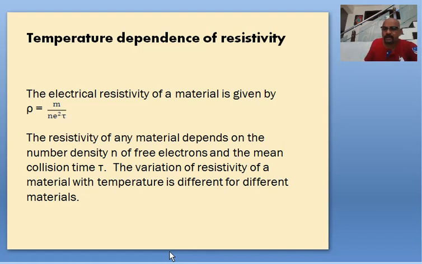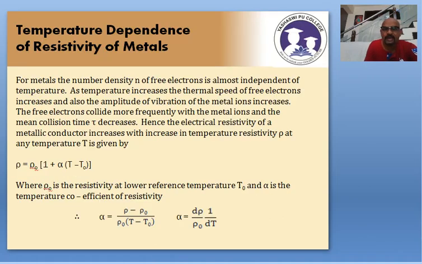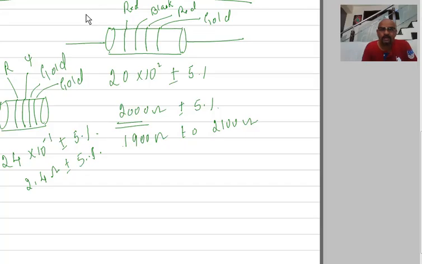That means how the resistivity of copper varies and how the resistivity of tungsten varies are both different. So if we want to generalize that, temperature dependency is given by the equation rho is equal to rho naught into 1 plus alpha into T minus T naught. If you want to understand that clearly, look at this again.